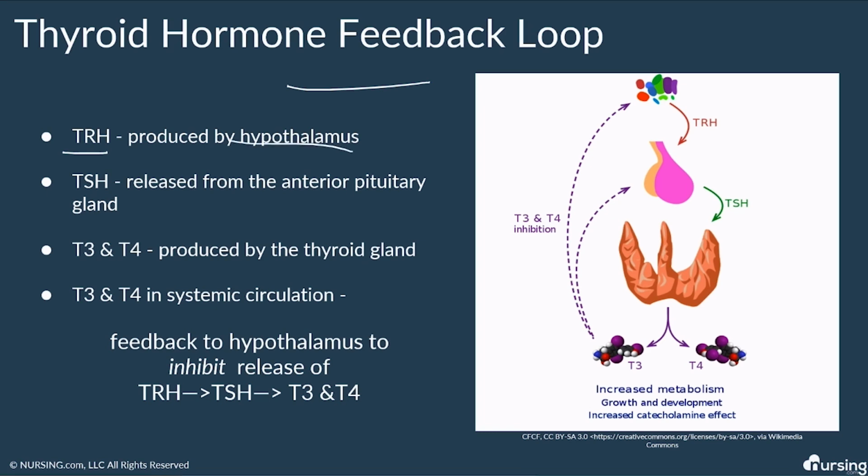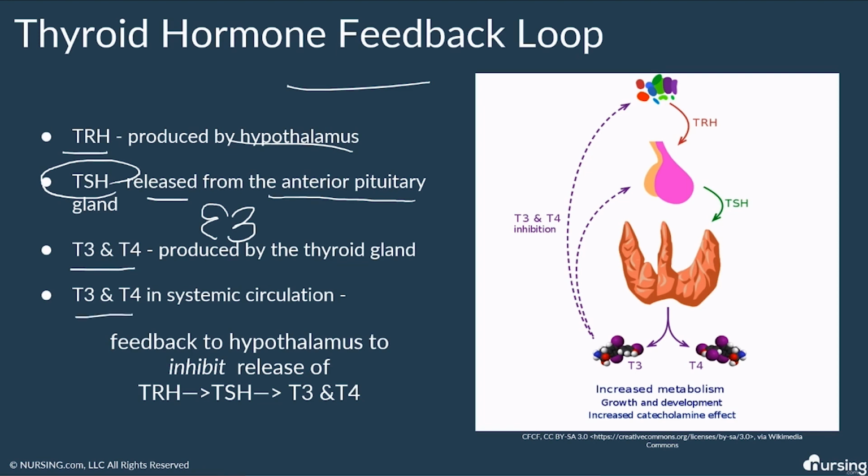The hypothalamus releases the TRH, and it stimulates release of thyroid stimulating hormone, or TSH, from the anterior pituitary gland. TSH then travels to the thyroid, and the thyroid responds by producing T3 and T4 thyroid hormones.